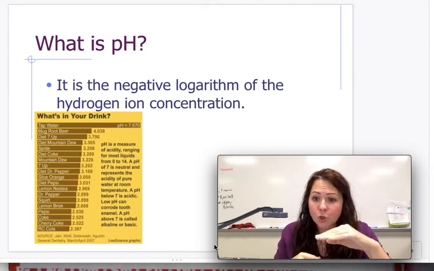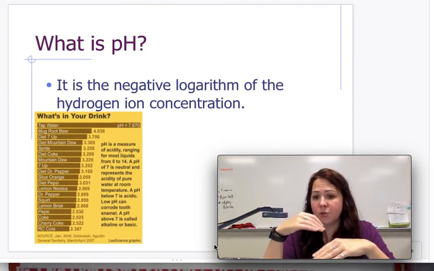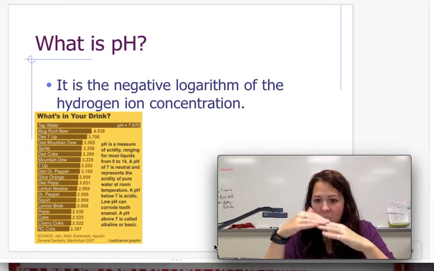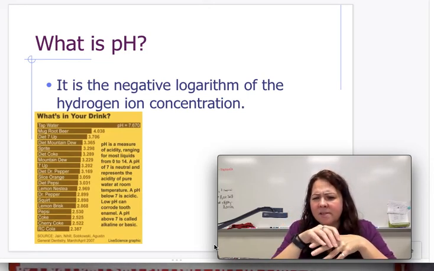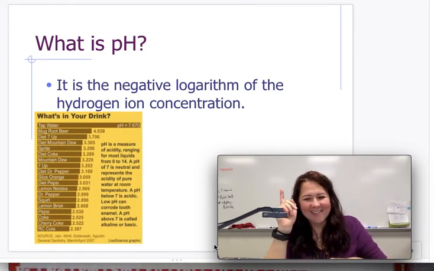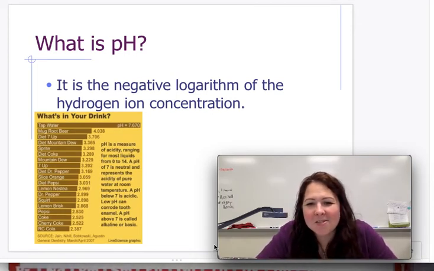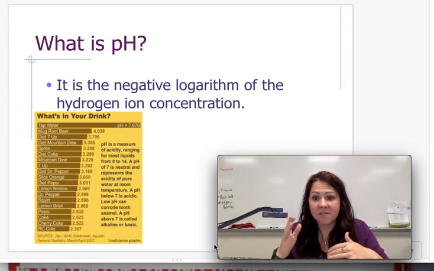If you go from like a 2 to a 3, that means that it's 10 times weaker. If you go from a 2 to a 4, you'd have 100 times difference in between there. I said stronger from 2 to 3, that would be weaker. Sorry, I just realized what I said. So anytime you go from one number to another, it's 10 times different.